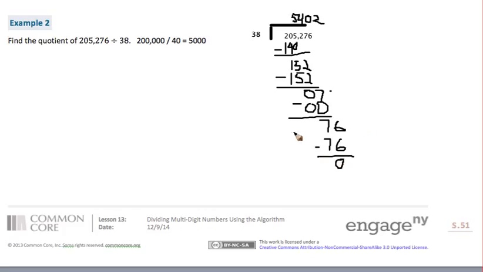And now we can be done because there are no other digits in our dividend that need to be divided. Our final answer is 5,402. And to check our answer, we would multiply 5,402 times 38. And that will give us 205,276.